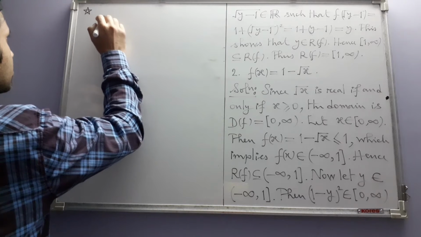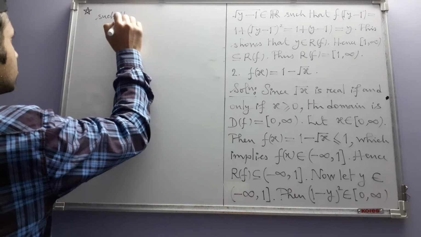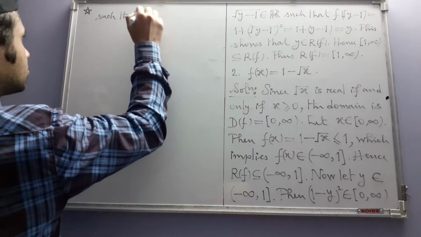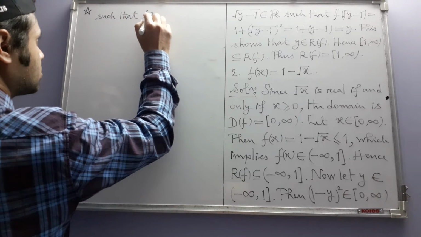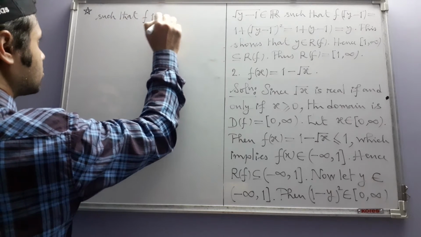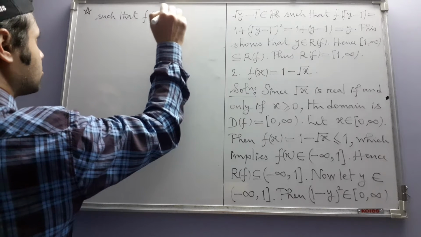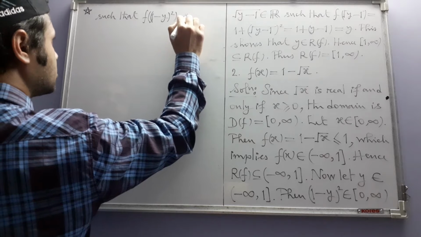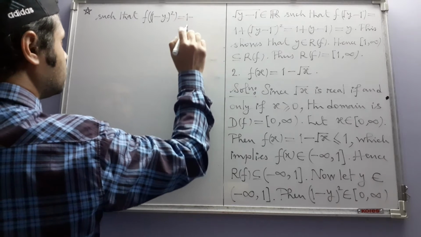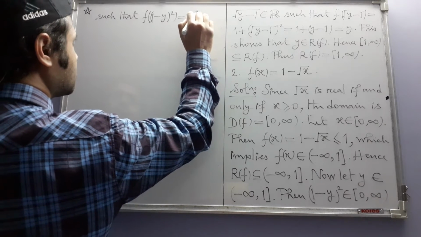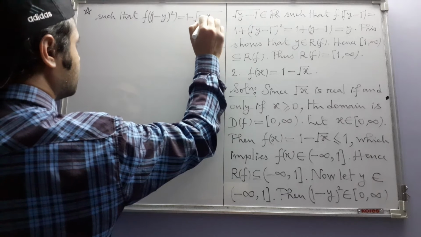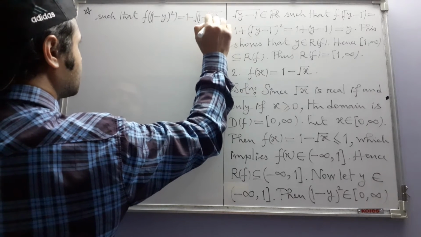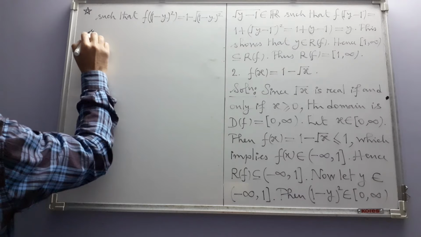Such that f of this is equal to 1 minus square root of (1 minus y) whole square.